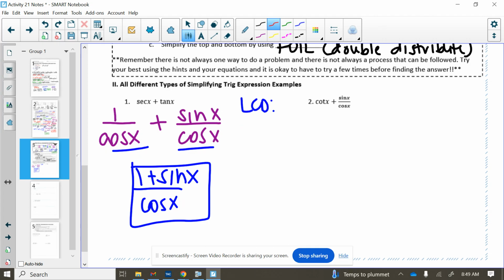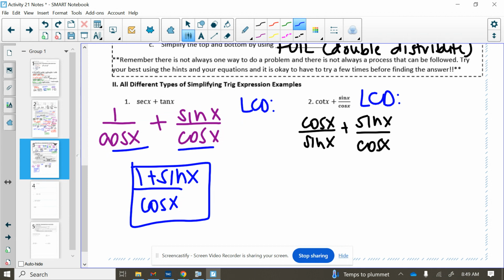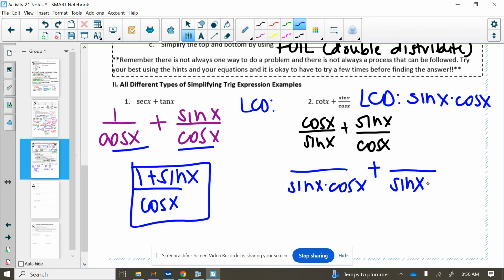As far as cotangent goes in the next example, we can rewrite that to be cosine over sine. Now the problem with this one is when we rewrite this as cosine over sine, there is not a common denominator. So what we would need to find is our least common denominator this time, which since we can't make sine into cosine or vice versa, we would just multiply them together. That's kind of the least common multiple between the two for our least common denominator. So in order to give each of these a denominator of sine of x times cosine of x, because again, that's what we want to ultimately be able to do is both of these have that common denominator.